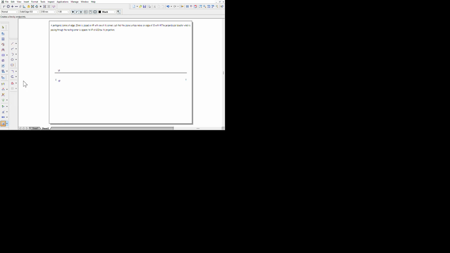Now let's make a pentagon of length 25 mm, angle 90 degrees plus 72 degrees, again 25, and 90 plus 72 plus 72, again length 25, angle 90 plus 72 plus 72 plus 72, again length 25.